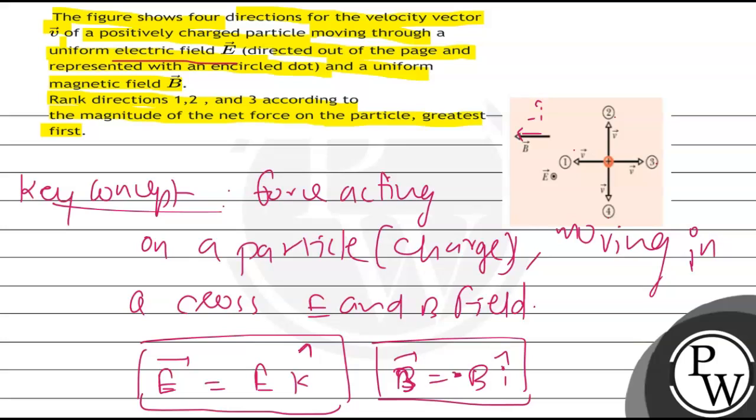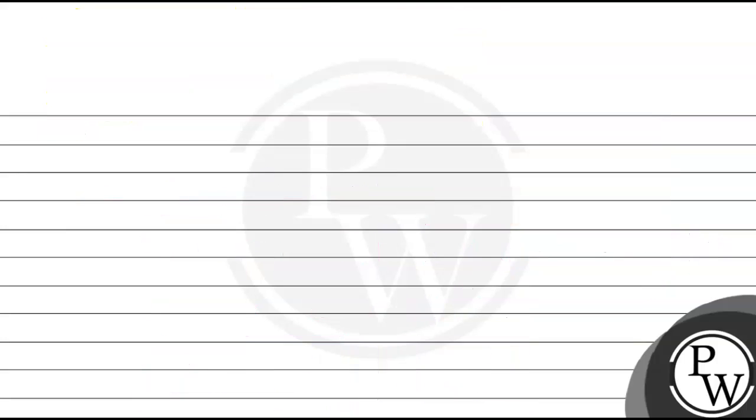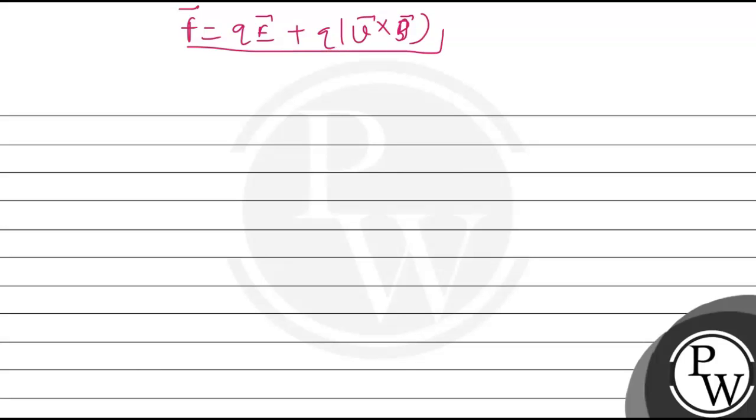Let us write four cases and find out the force acting on each. We will use this formula: F equals qE plus q velocity vector cross magnetic field vector. Let us suppose this is case number 1 where the velocity is V i cap.